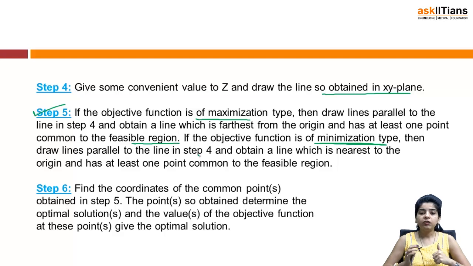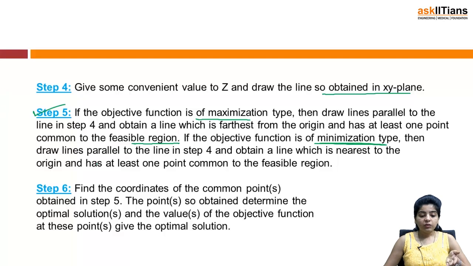And similarly in case of minimization, you draw lines parallel to the line drawn in step 4, but you obtain the line nearest to the origin, and again it should have at least one point common to the feasible region.